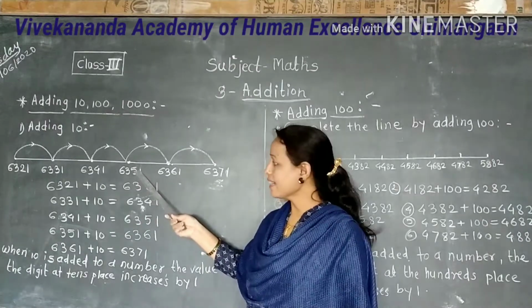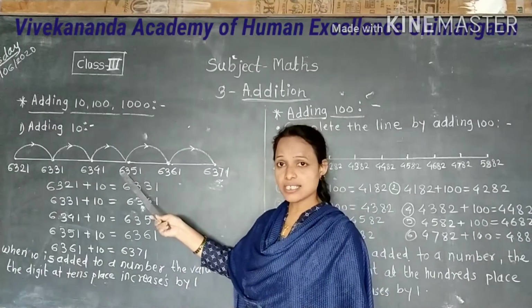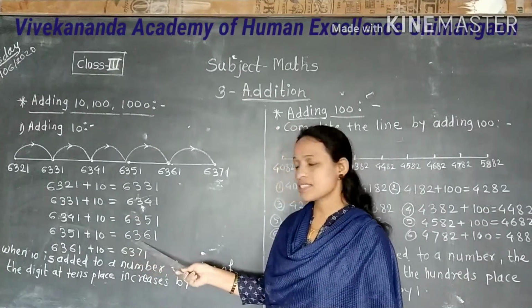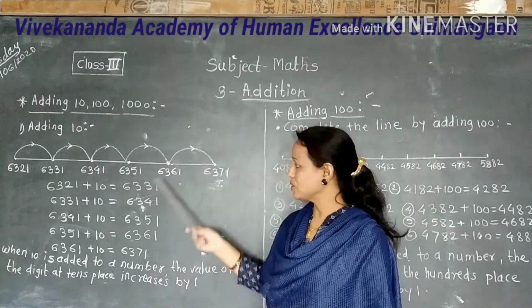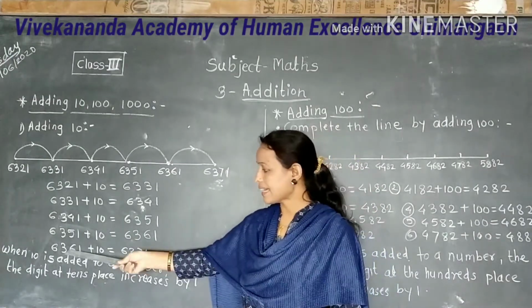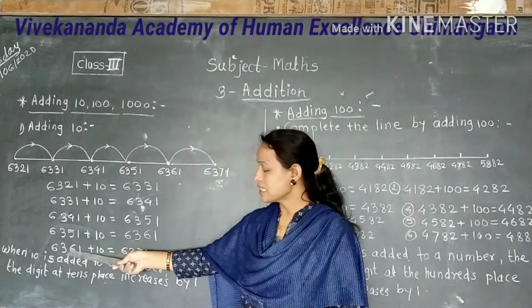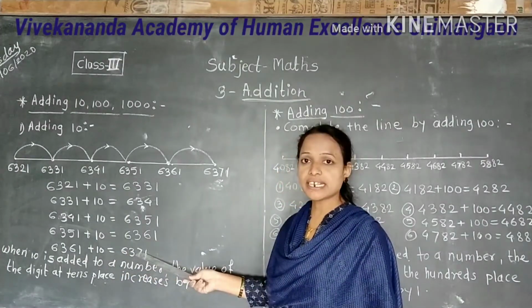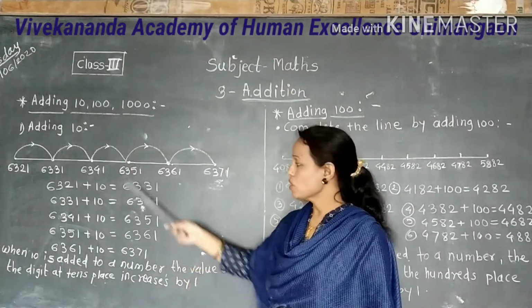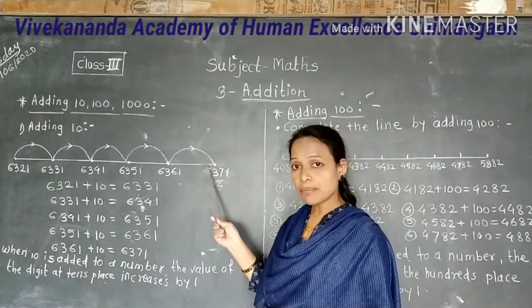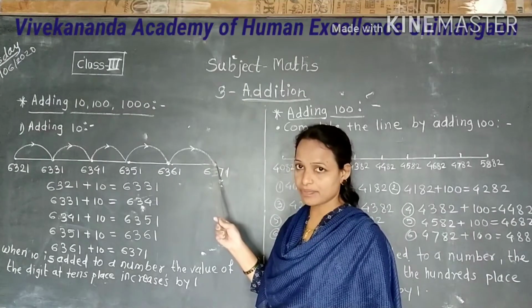Again add 10 to 6351. We got 6361. So I wrote it. And last, add 10 to 6361. We got 6371. So in this way we have completed the number line by adding 10.